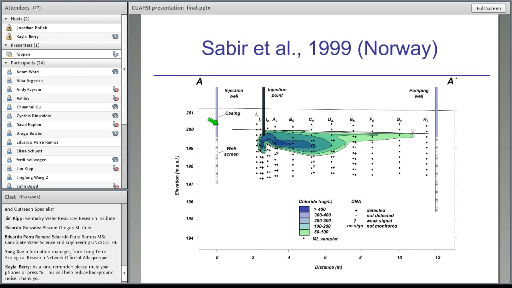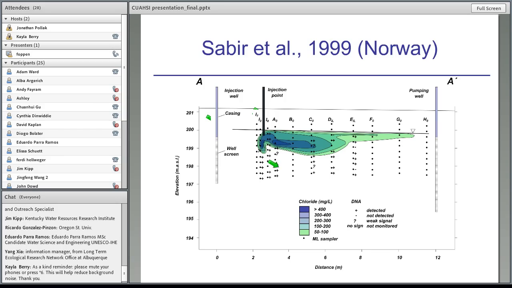So they had here an injection well in which they injected water. Here they had an injection point where they injected a slug of water spiked with synthetic DNA, and they pumped here for a number of days water out of this well, and between the pumping well and the point of injection they had a number of sampling points, and together with the DNA they also injected a salt tracer.